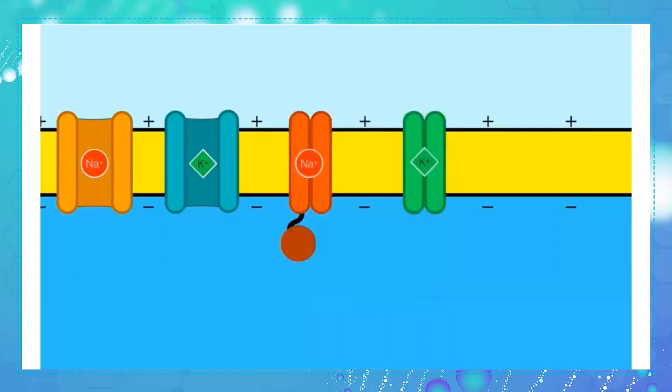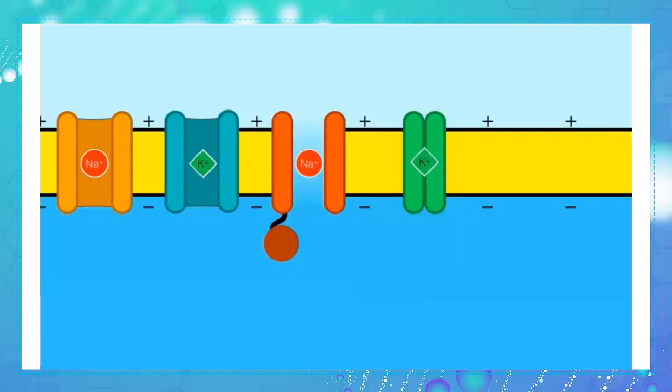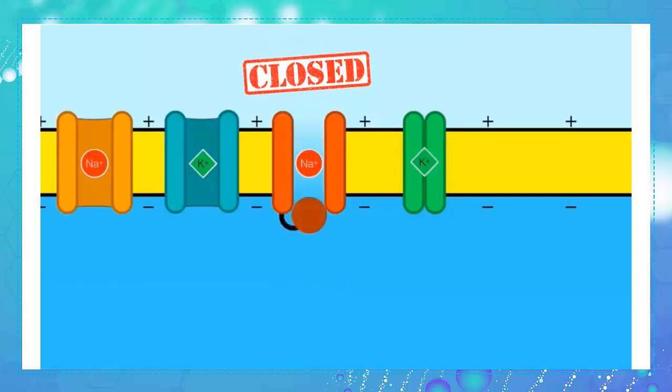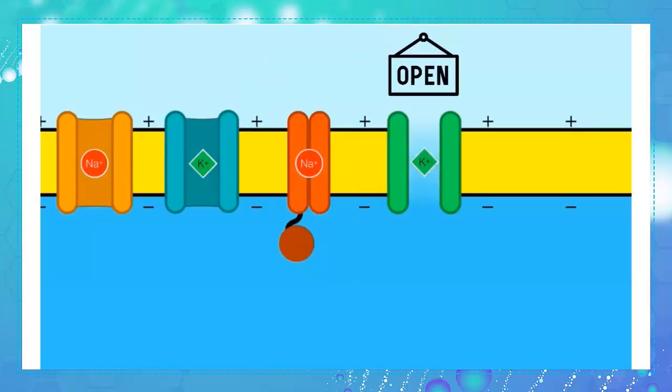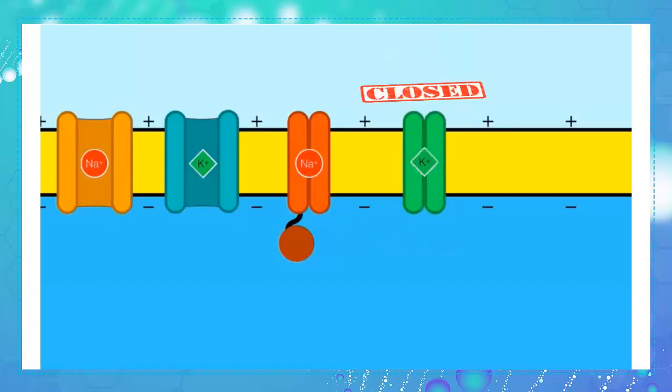The voltage-gated sodium channel shown in red here will only open if the voltage exceeds -55 millivolts, but it will soon close when the voltage reaches 30 millivolts. On the other hand, the voltage-gated potassium channel will open when a voltage of 30 millivolts is reached, but will close again when the membrane potential decreases back to -70 millivolts.